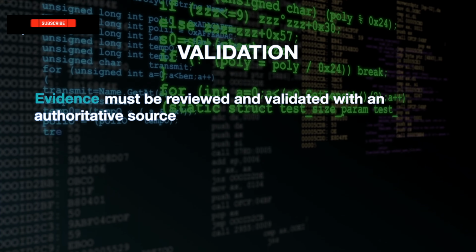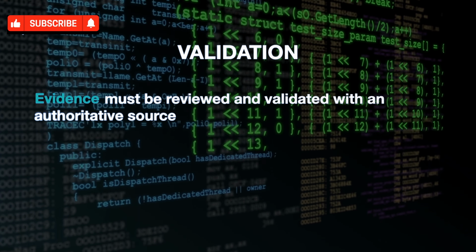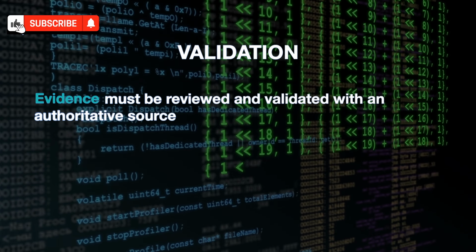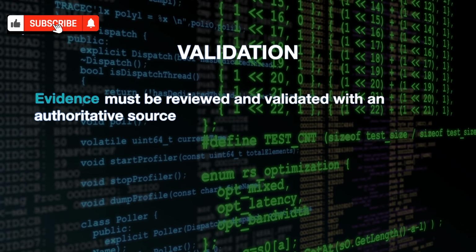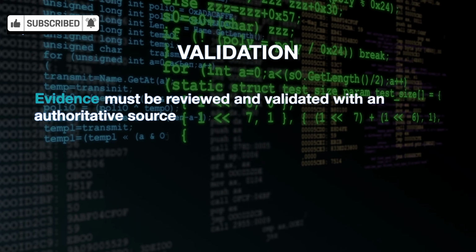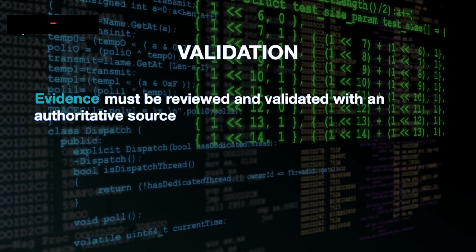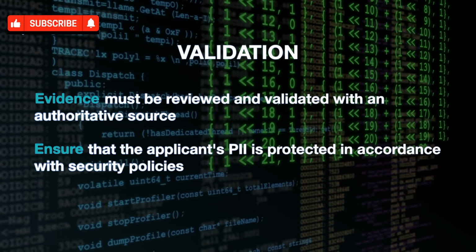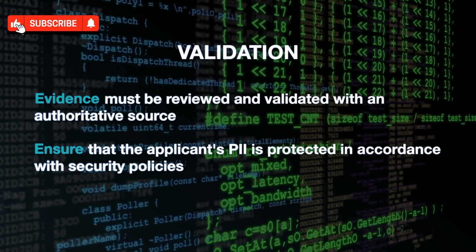And again, throughout this process, we might be interacting with third parties or other government agencies or other places, right? Especially if we are doing background checks and so on. So we want to make sure that the applicant's personally identifiable information is protected in accordance with those security policies as well.